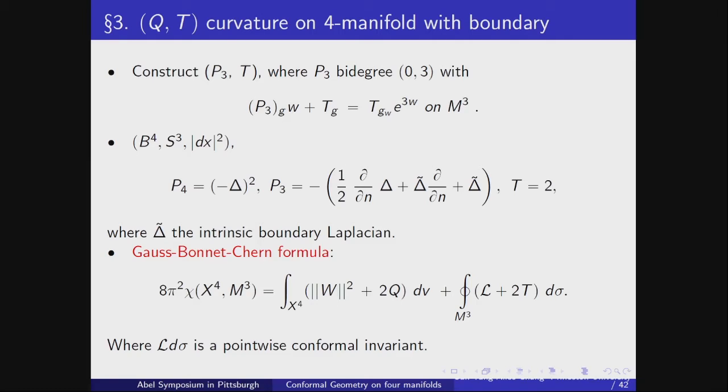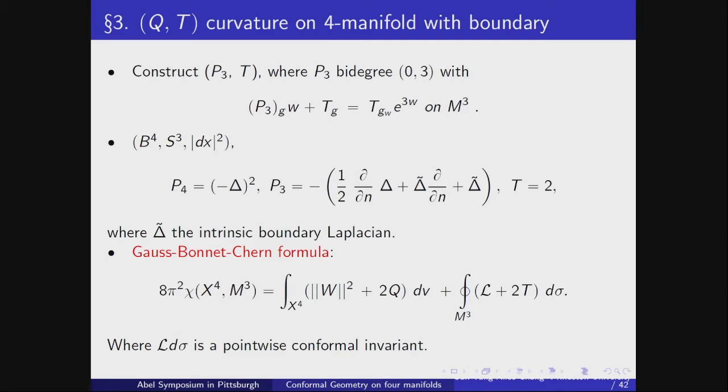Okay, so this is the operator, and with this operator, one can take another look at a Gauss-Bonnet formula with boundary, and then there is this interior term and the boundary term. Again, the boundary curvature in this case is split into two parts. One is a pointwise invariant part, and one is prescribed by the T curvature.